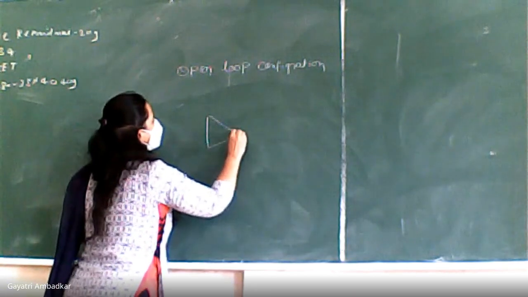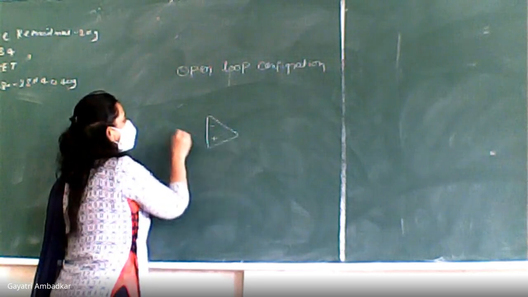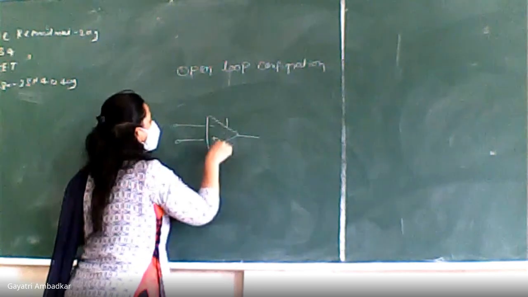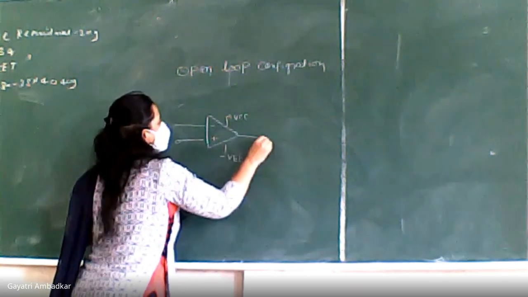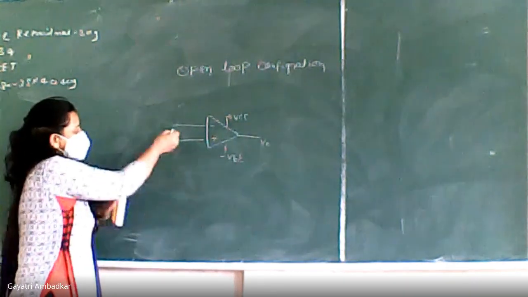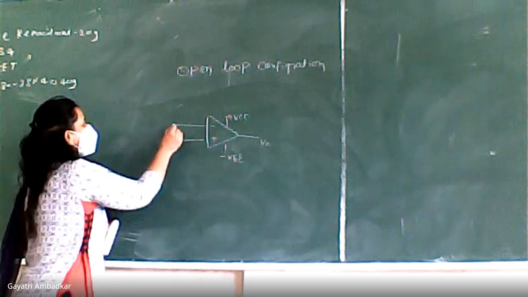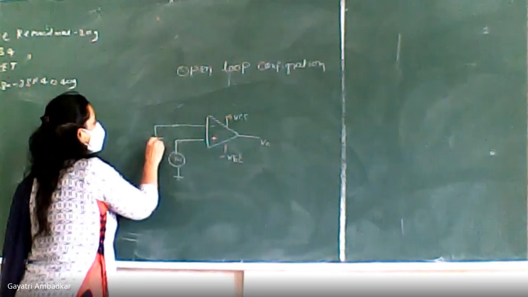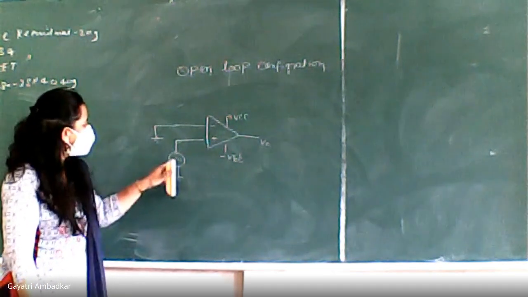Open loop configuration. Okay. This is op-amp. It is having two terminals and I am not connecting any feedback. Output voltage. Now you can apply signal to any one of this. Let's say you are applying signal over here and you are grounding them. Right? What happens when you apply signal?